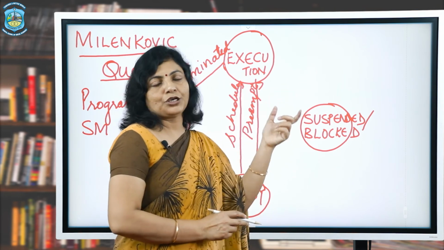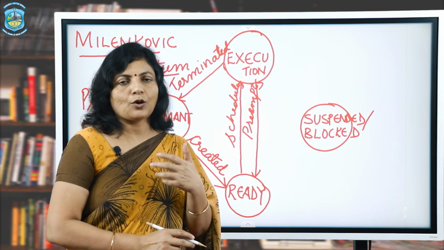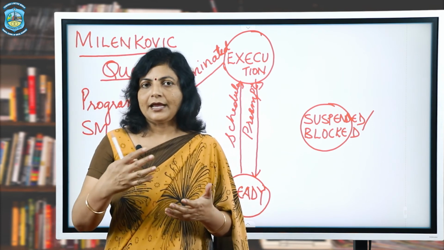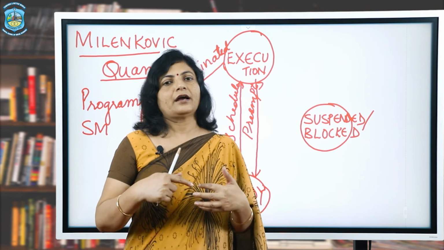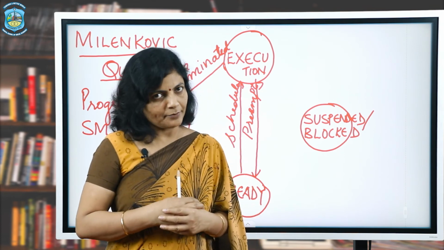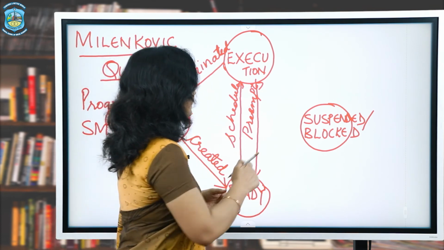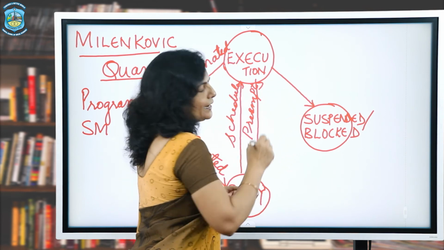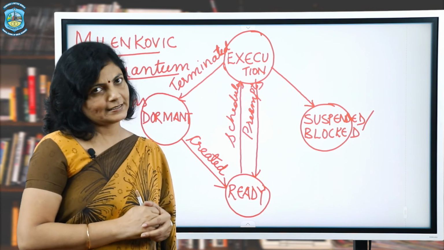Sometimes during execution, process requires some I/O synchronization. It requires some input-output device or it awaits for some events to happen. Then it is taken back to the suspended or blocked state.